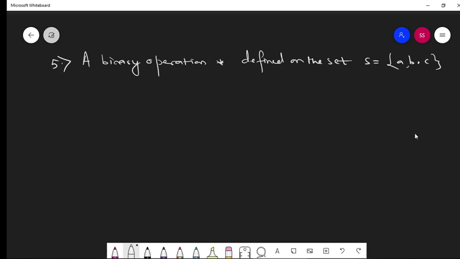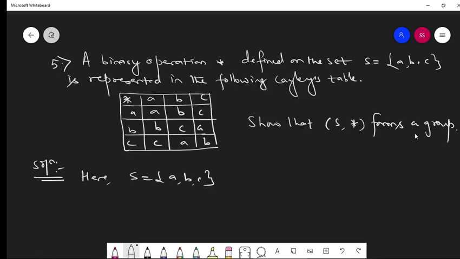Now we have to move to the solution. Here S equals A, B, C, and first, the closure axiom. We have to verify the closure axiom. It is clear that the product of any two elements is A, B, or C itself.